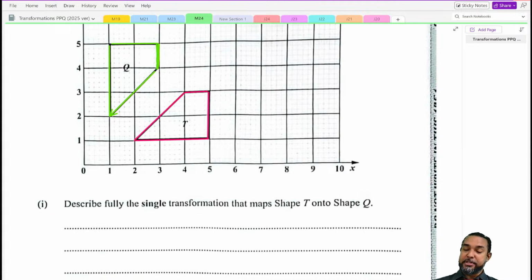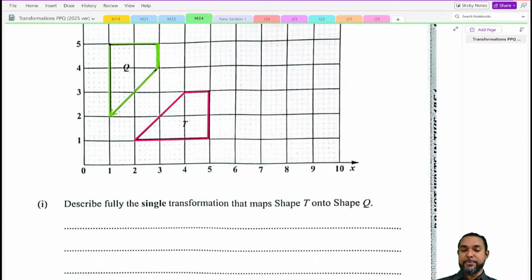So look at shape T and look at shape Q. So what are the transformations available? We have translation, where you just shift it around, reflection, rotation, and enlargement. Okay. But yeah, it's probably reflection. Is it a rotation? If it was rotating, the diagonal wouldn't have flipped to the other way.